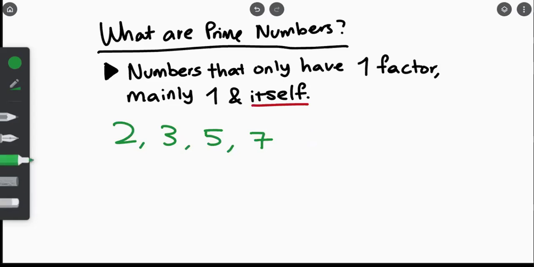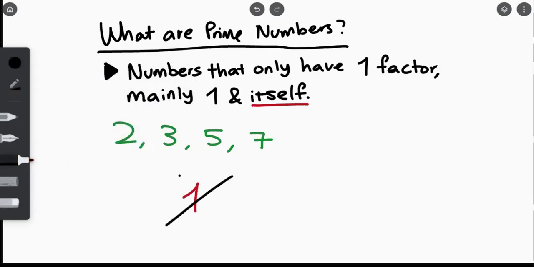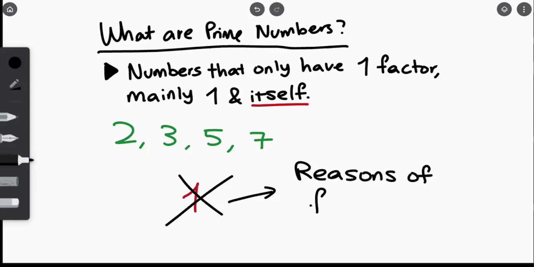Then some of you may ask me, but sure, how come my school never mention this number? Your school will never mention the number 1 because, according to some reasons of factorization, one is not included in the prime numbers because of this reason here.